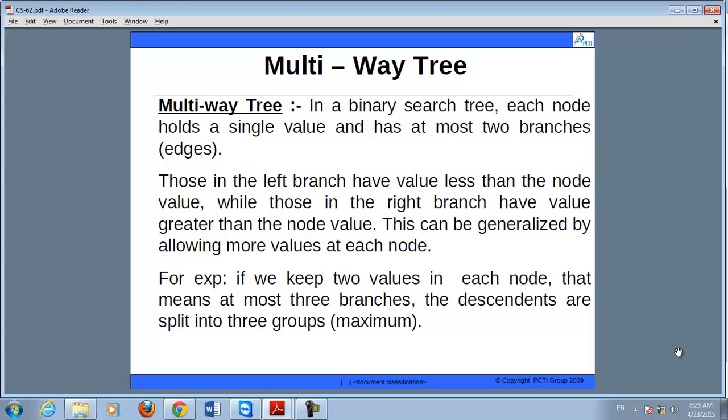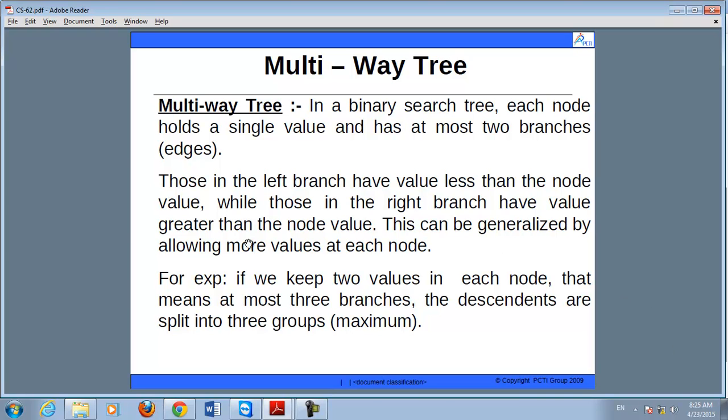If the value you want to insert is less than the node value, then this value goes to the left subtree, and if the value is greater than the node value, then it comes under the right subtree. In this way, you can see that in a binary search tree, each node holds maximum one value and has at most two branches, or you can say two edges.